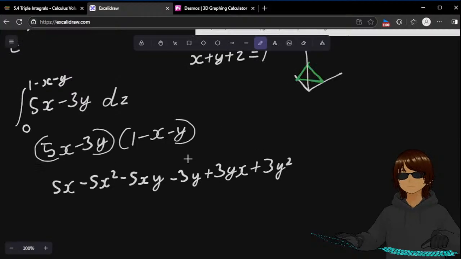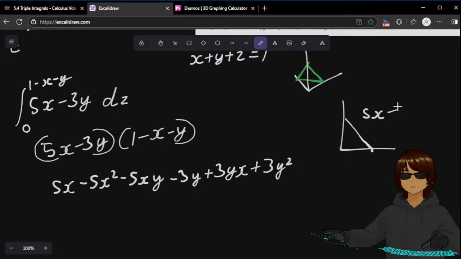Now if I take one slice of this in the xy plane, z is the above one. If I take one slice, it would be like this. This would be 5x minus 3y.